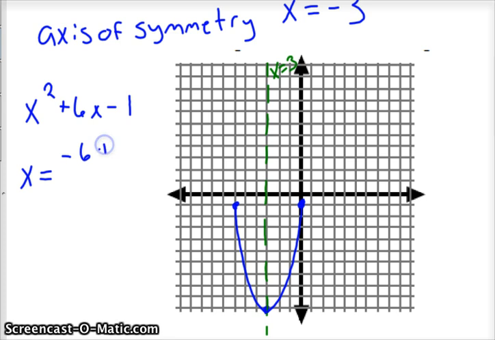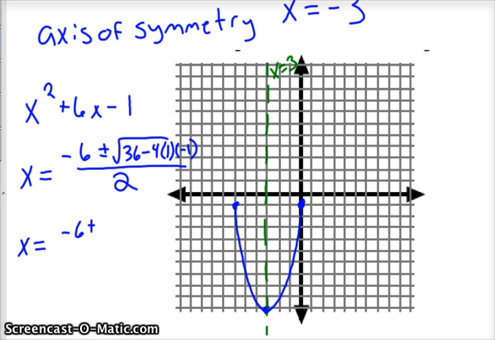It's negative 6 plus or minus the square root of 36 minus 4 times 1 times negative 1, all over 2a, which is 2. And you go ahead and simplify that. Again, on this particular problem, I don't think they asked for it, but I'm going to do it anyway. So it would be 36 plus 4, which would be 40, all over 2.